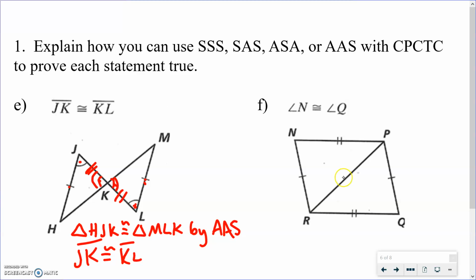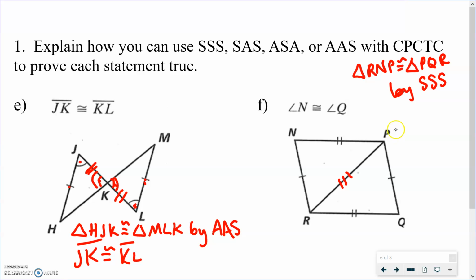Okay, so I'm again looking at this and I already see that this has side, side, side congruence, because it's three sides that are the same length. So triangle RNP is congruent to triangle PQR by side, side, side congruence.